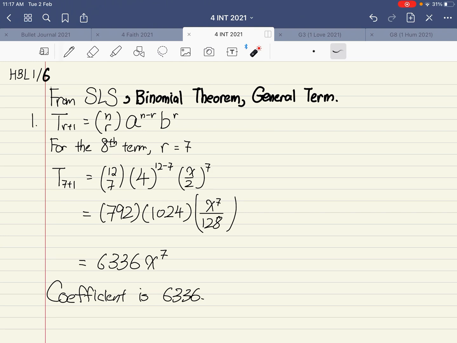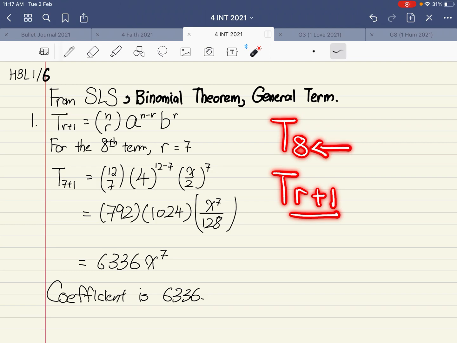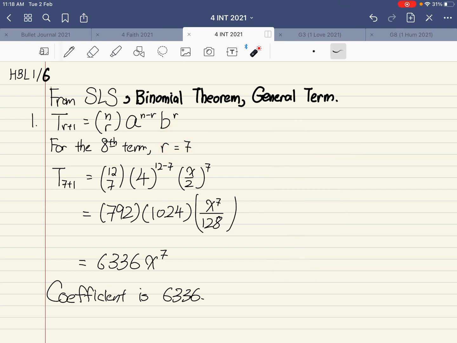For question 1, what they're looking for is the 8th term. So if I'm looking for the 8th term, the general term is T R plus 1. So R plus 1 is equal to 8. What must the value of R be? 7 plus 1 gives 8. Hence the value of R in this case is equal to 7. That's why I put down here R is equal to 7.